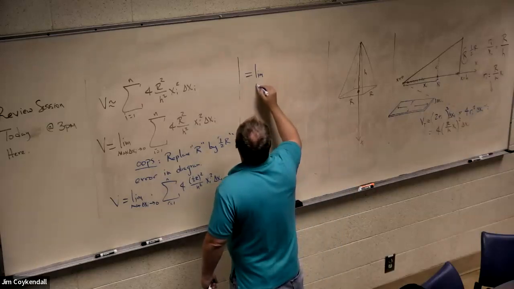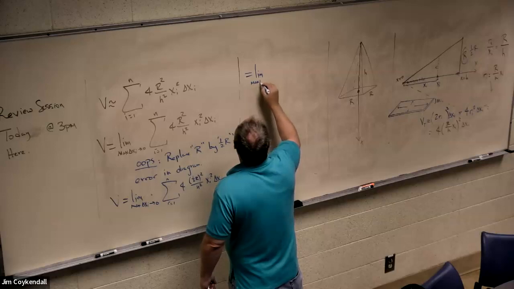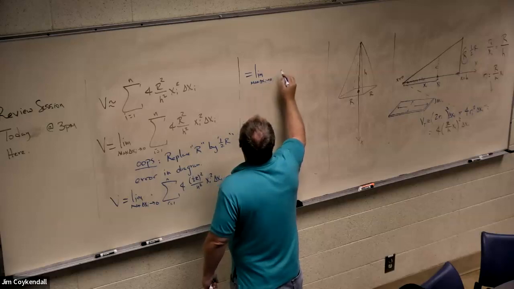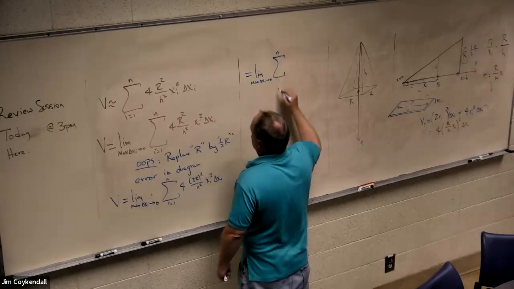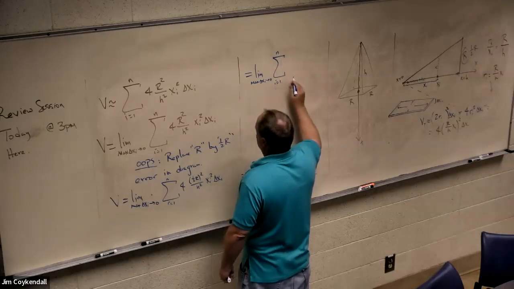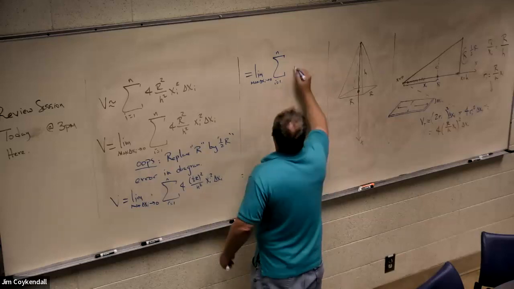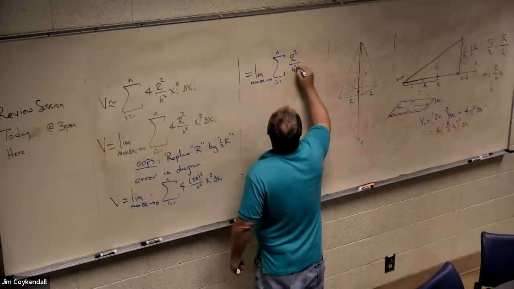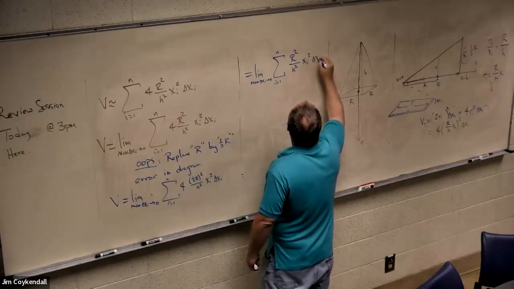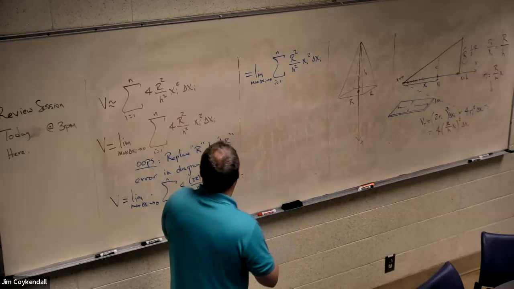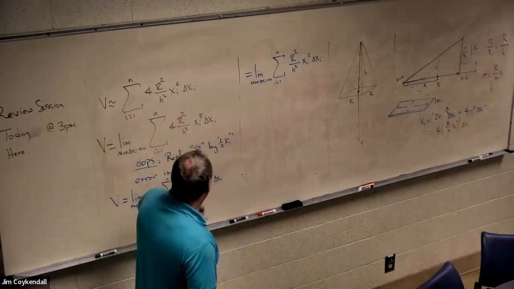We're going max delta x I equals 0. This is going to be r squared over h squared, x squared. There we go. Because that'll become 1/4.